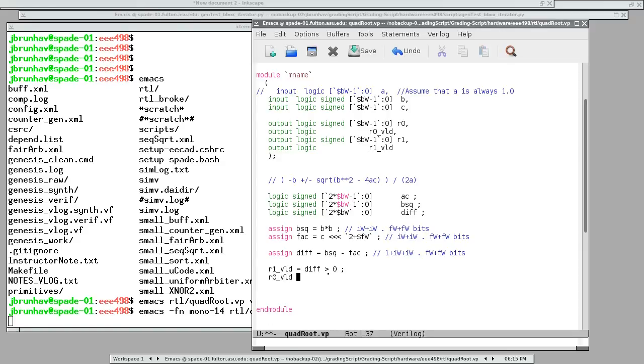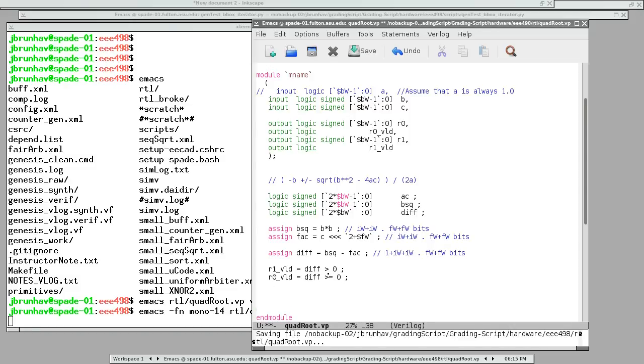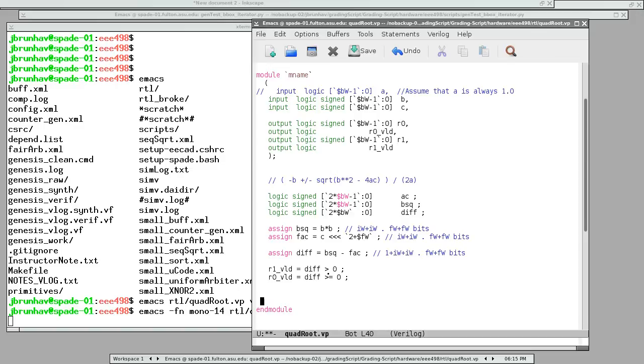And R0 would be valid if diff is greater than or equal to 0. So we should probably define these as real numbers. So diff was +1, tick D0, there we go.